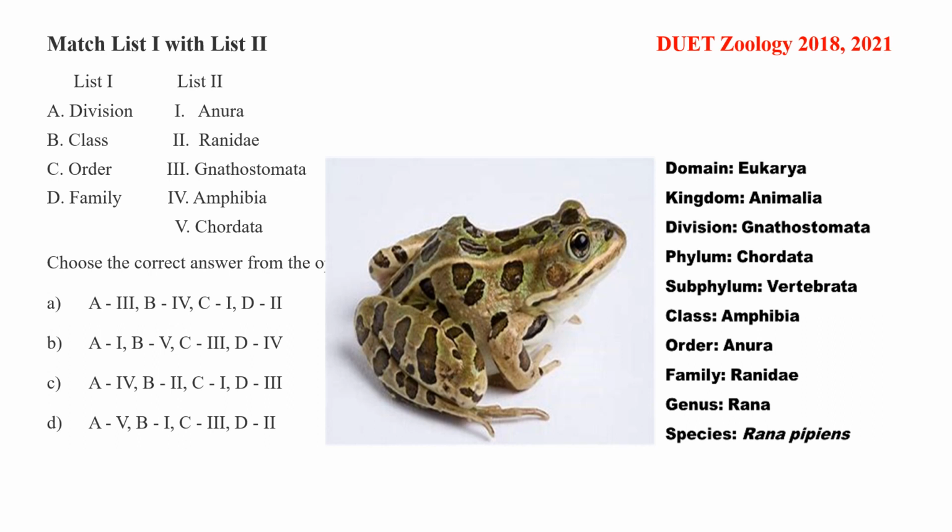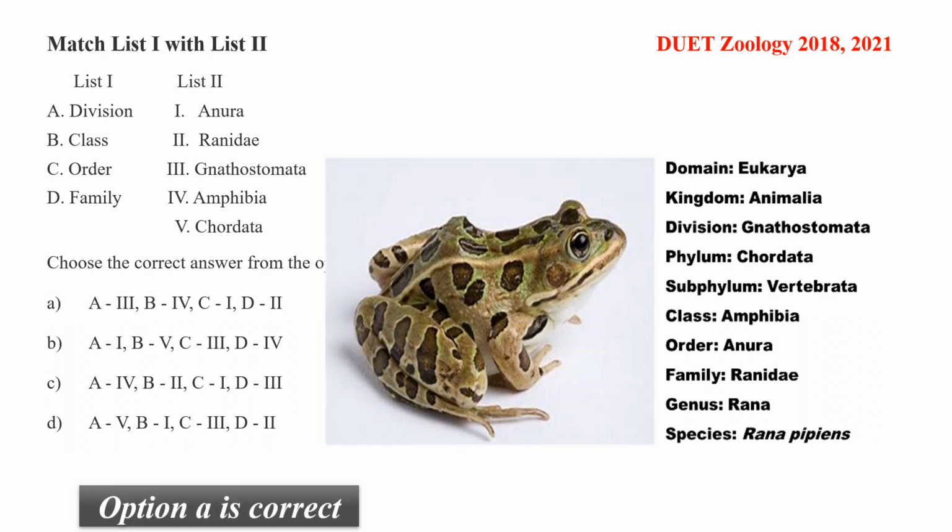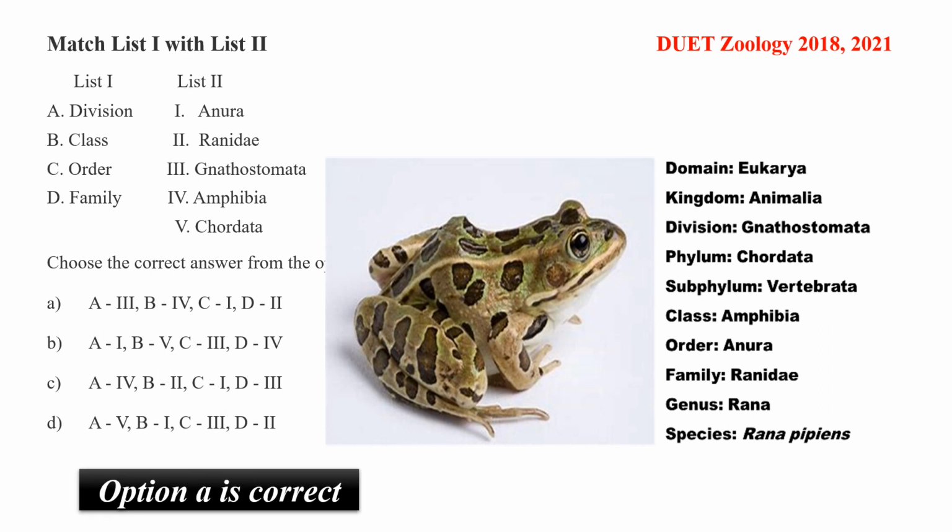Phylum is Chordata, while subphylum is Vertebrata. Class is Amphibia. That means B is connected with 4. Order is Anura. That means C is connected to 1. Family is Ranidae. That means D is connected to 2. Hence, option A would be the correct answer in this case.